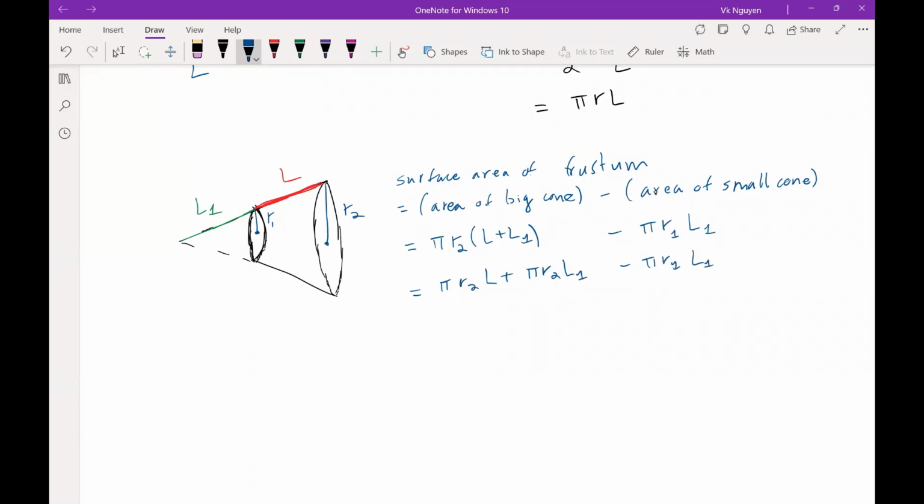We can get the L1 terms together. So we have pi r2 L plus pi r2 L1 minus pi r1 L1.